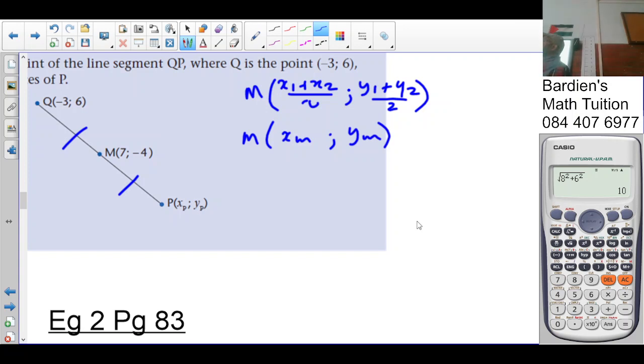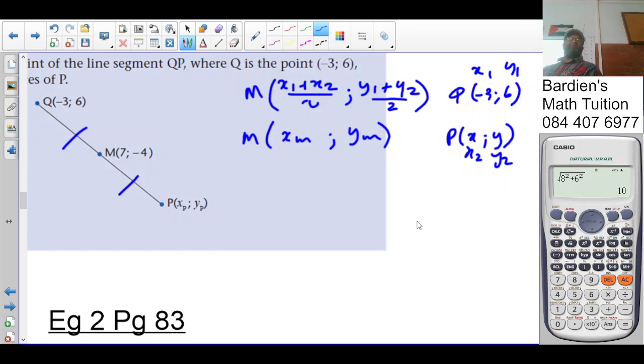So if you go with the point which is negative 3 and 6, and the other, which is x and y, if that is x1, y1, this is x2, y2. Remember, we use the endpoints of the line segment you are referring to. So x1, which is negative 3, plus x2, which is x, over 2, is going to give me my x midpoint.